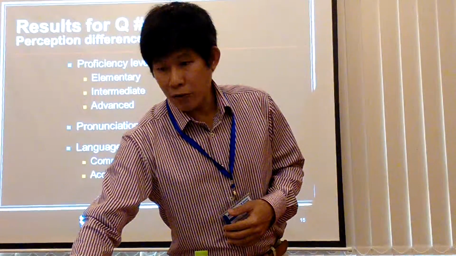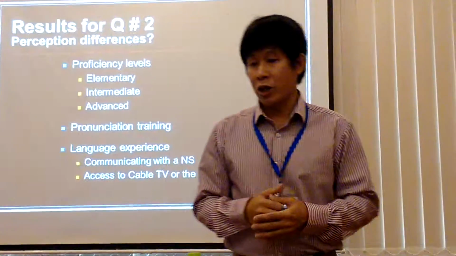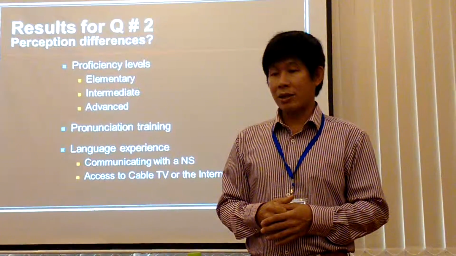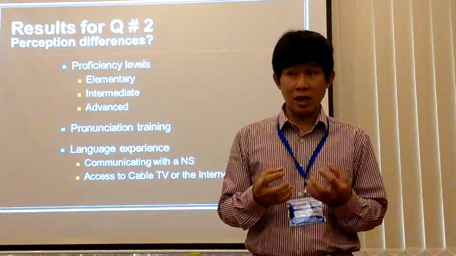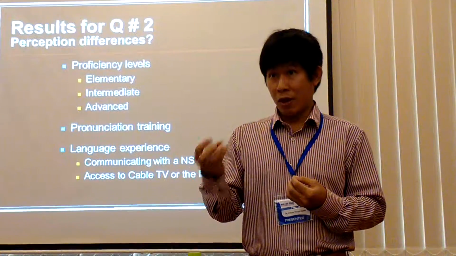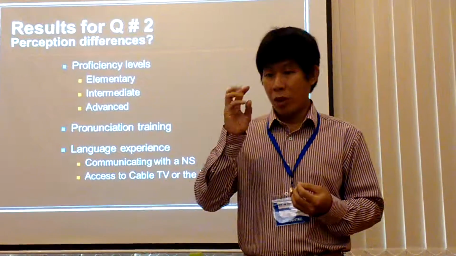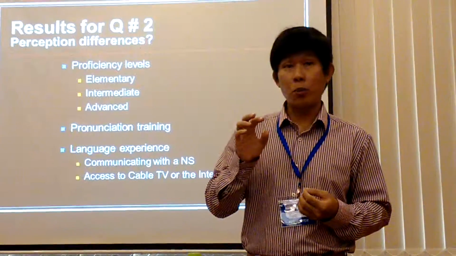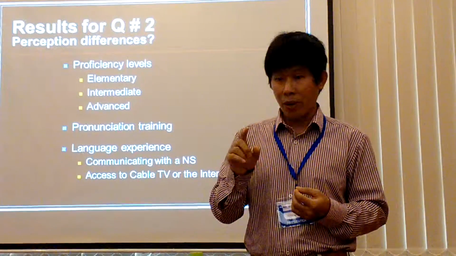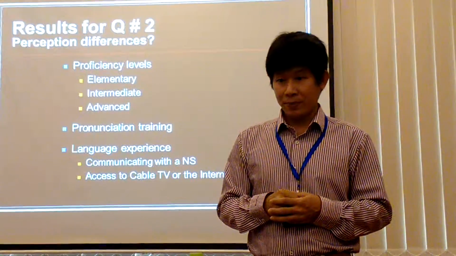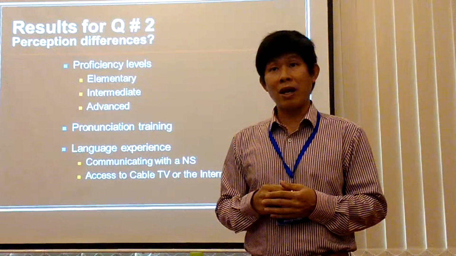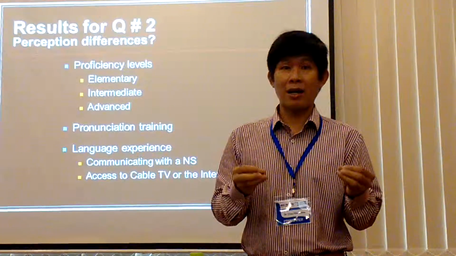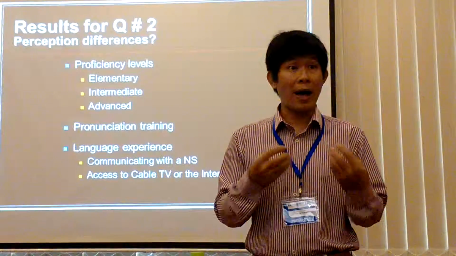And the results for research question number 2. You can see I compare the differences between groups, 3 groups and 2 groups. Between 3 groups, according to proficiency levels like elementary, intermediate, and advanced. But pronunciation training means those who have taken a pronunciation course and those who haven't.